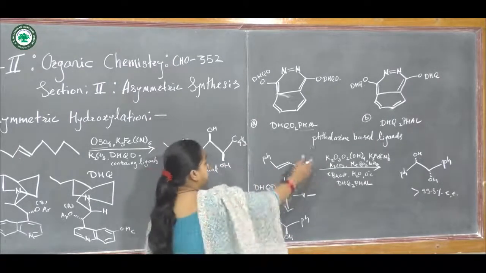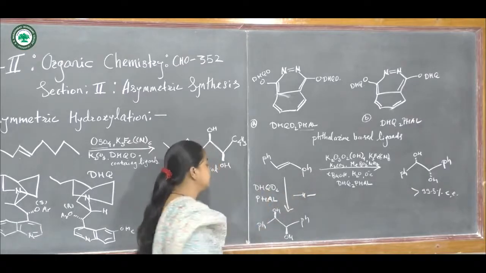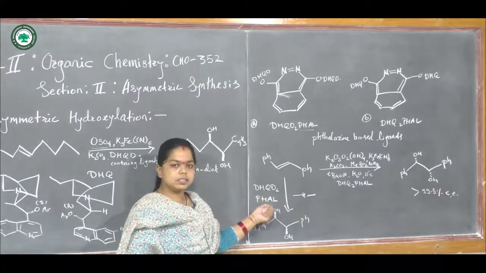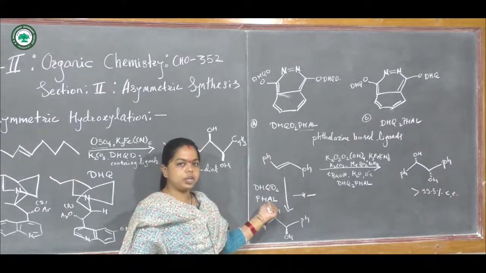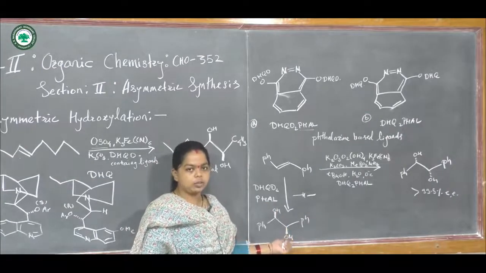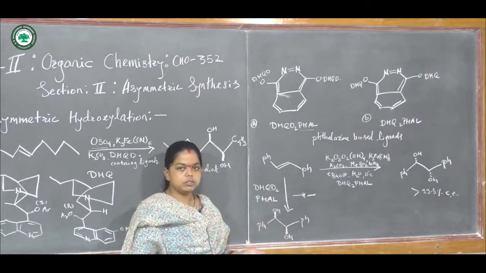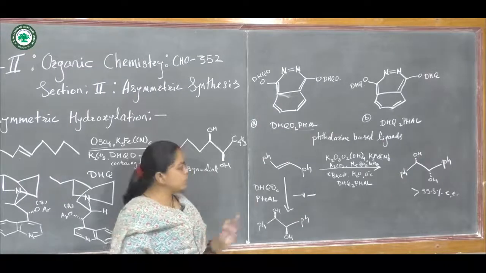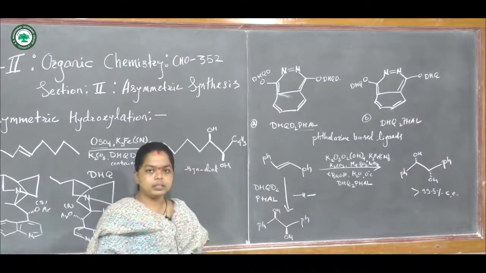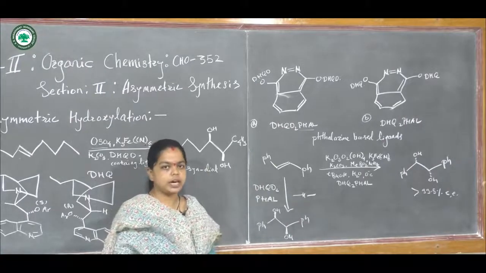If we use the similar reagent here and (DHQD)2PHAL, dihydroquinidine phthalazine ring molecules are used, then we are getting the beta oriented hydroxylation. So if we use a different enantiomer or different chiral ligand, accordingly we are getting the different enantiomer of the diol system.